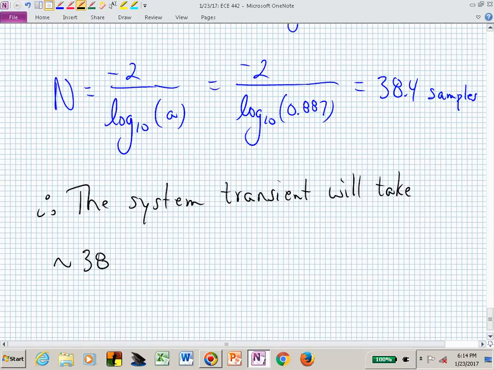We have to wait more than 38. It's going to take 39 samples before we get into that tube. That's capital N. That's our number of samples. That's our settling time. So forget the 38.4. It has to take 39 sample periods to settle.